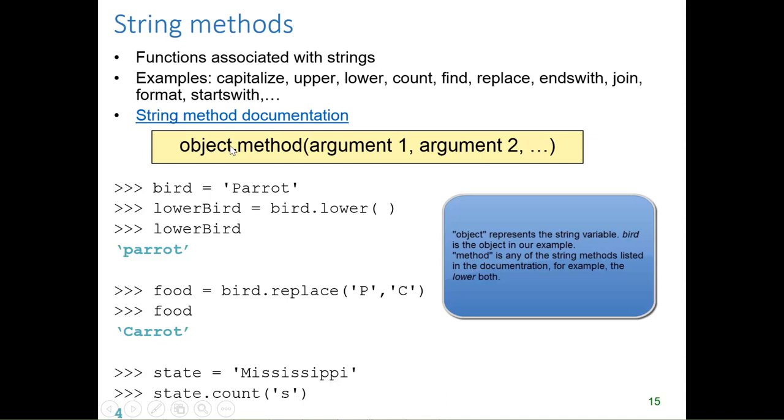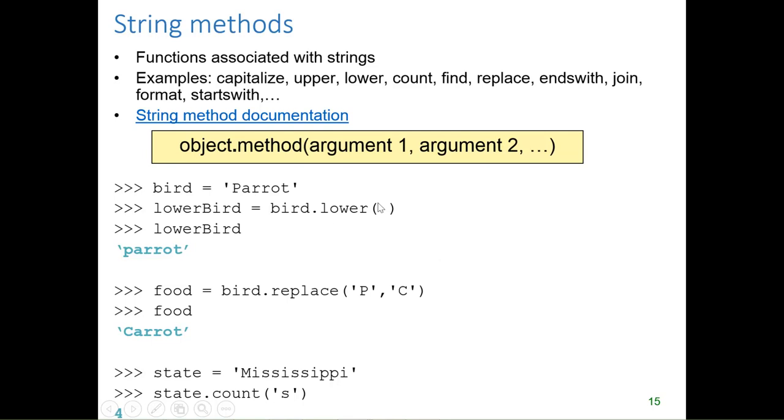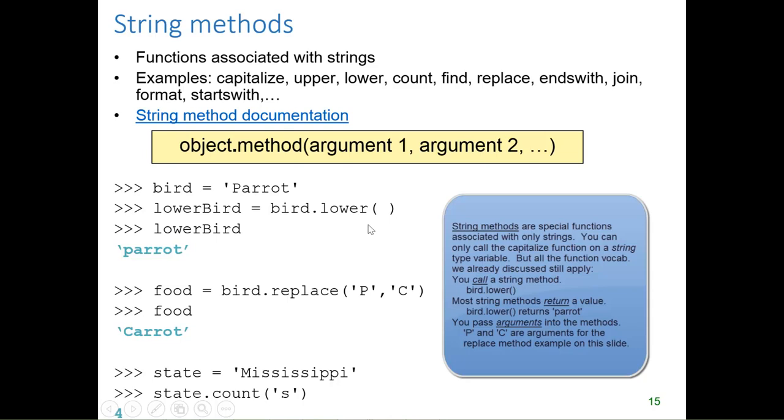So here we have an object.method followed by the arguments. In this example, we want to get the lowercase version of Parrot, bird.lower, and then there aren't any arguments. We have to put parentheses. It's not like certain languages that allow you to just omit the parentheses when you have no arguments. So we put the parentheses to show that it's a method that we're calling.